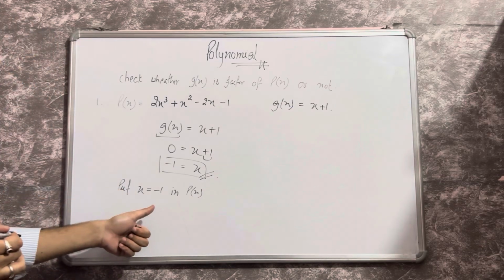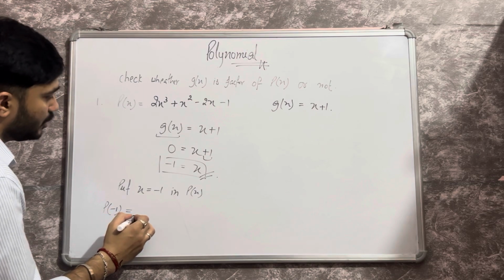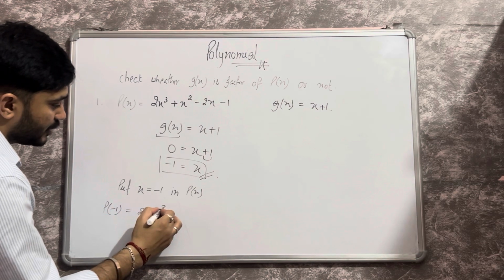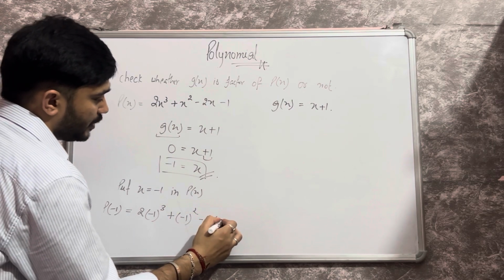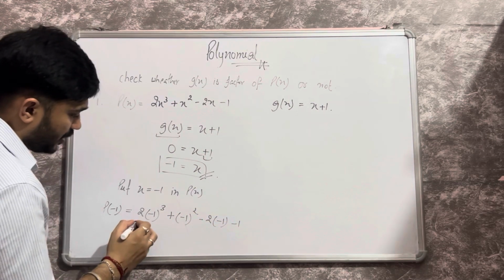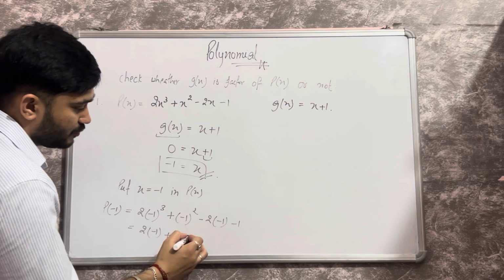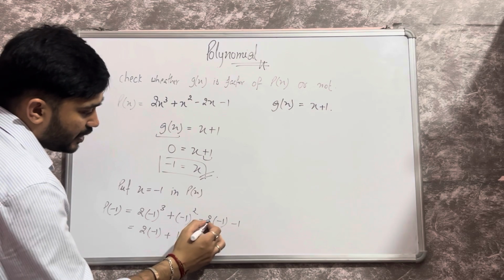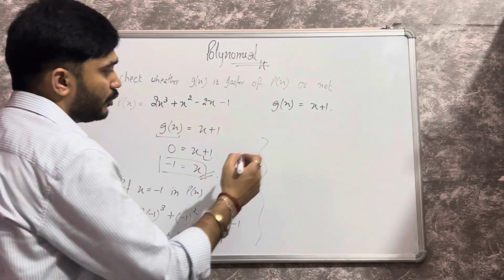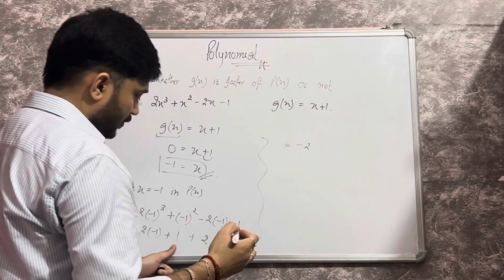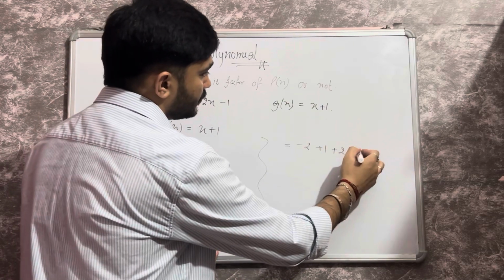Put the value of x equal to minus 1 in p of x, you will get p of minus 1 equal to 2 into minus 1 cube plus minus 1 square minus 2 into minus 1 minus 1. Here the answer will be: 2 into minus 1 cube is minus 2, plus minus 1 square is 1, minus minus is plus, and 2 into 1 is 2, minus 1.